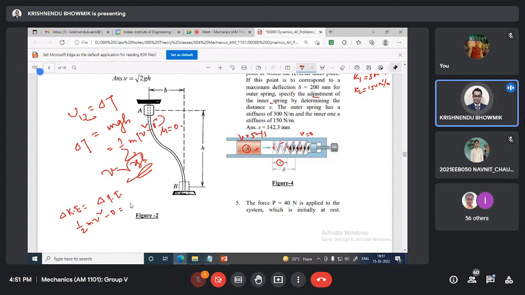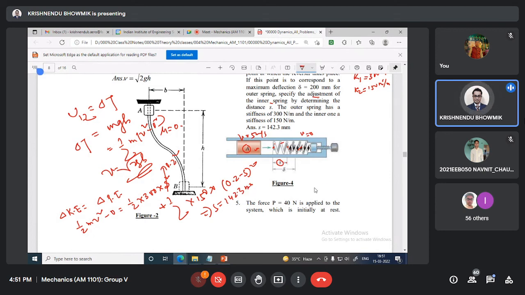The spring energy is half k1, 300, multiplied by delta square, this is 0.2 square, plus half multiplied by 150 multiplied by (0.2 minus s) square. You calculate this, you will get the s value directly, 142.3 millimeter.